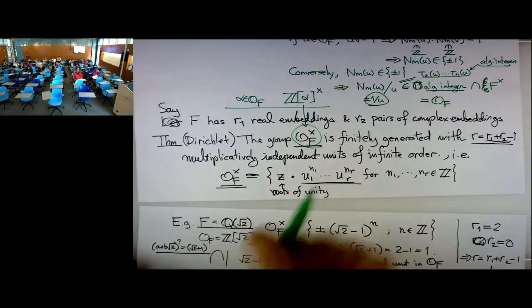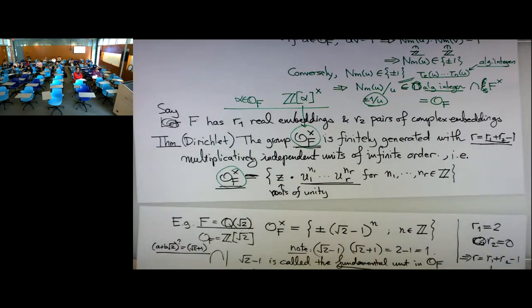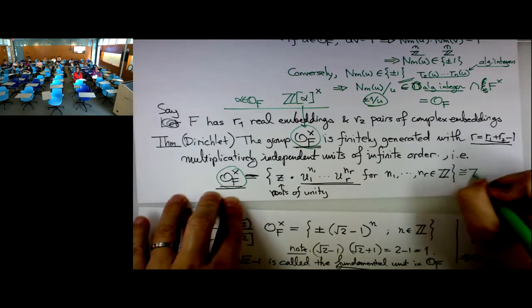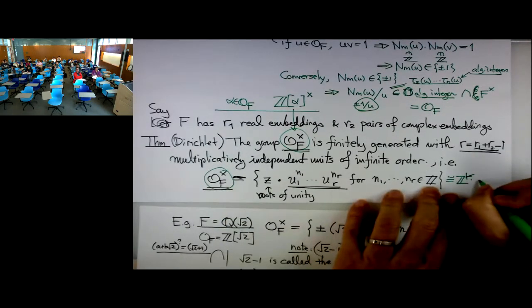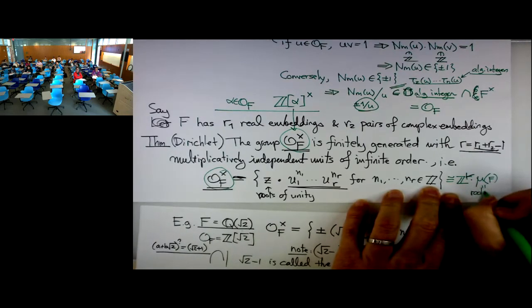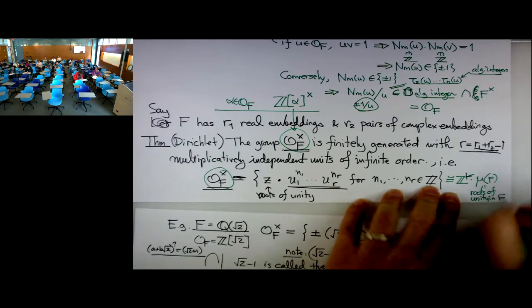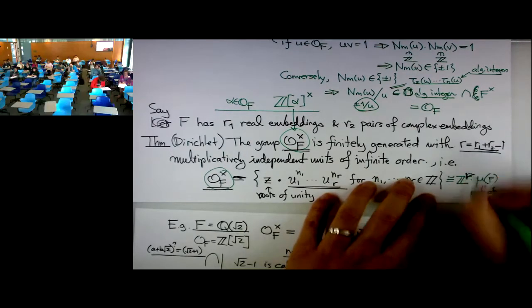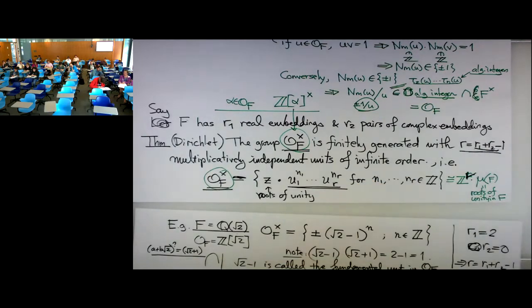The general group structure of O_F cross is not that sensitive to this finite index thing, because after all this looks like Z to the r times the roots of unity mu_F. It's a free group of rank r. If you change a free group of rank r by some finite index, it's still going to be a free group of rank r.